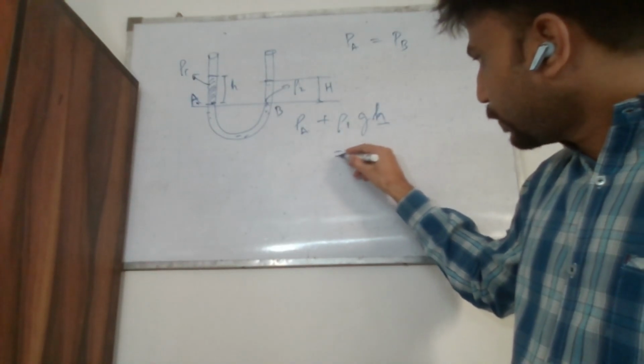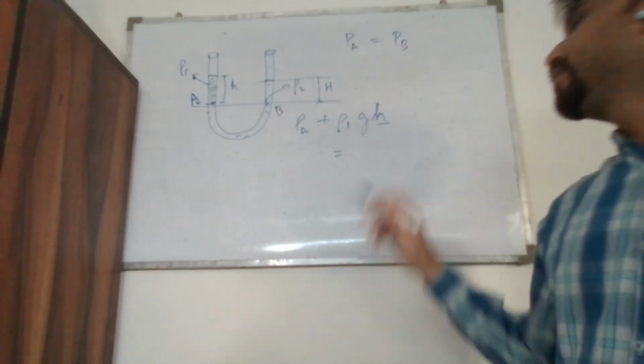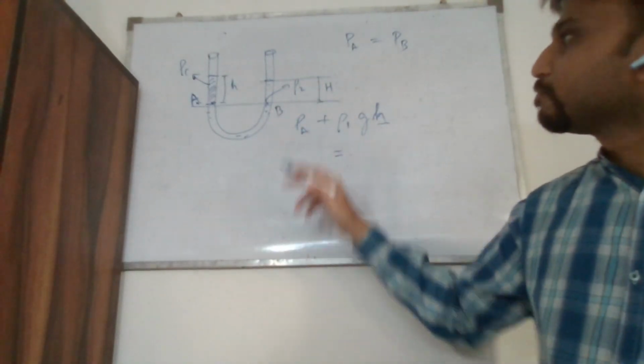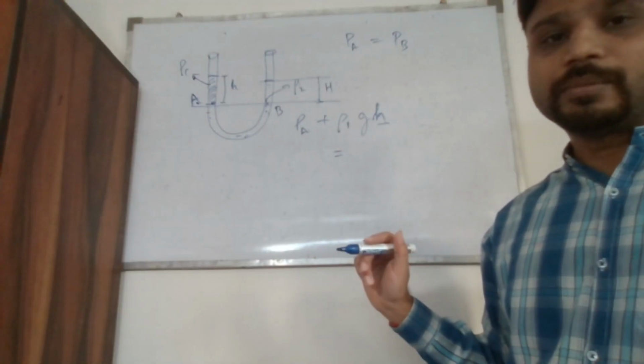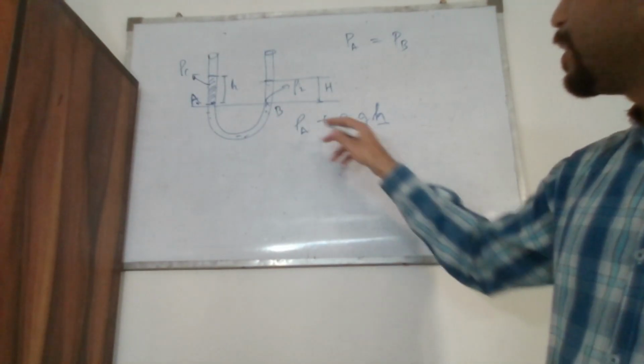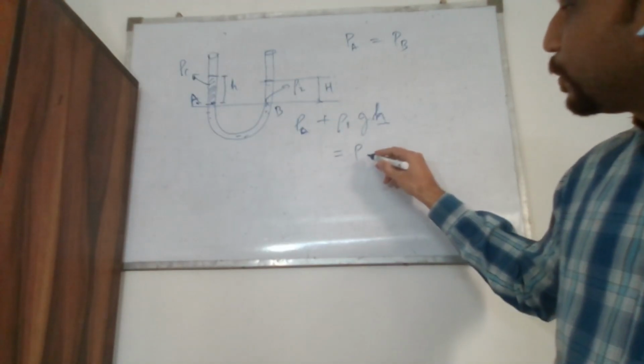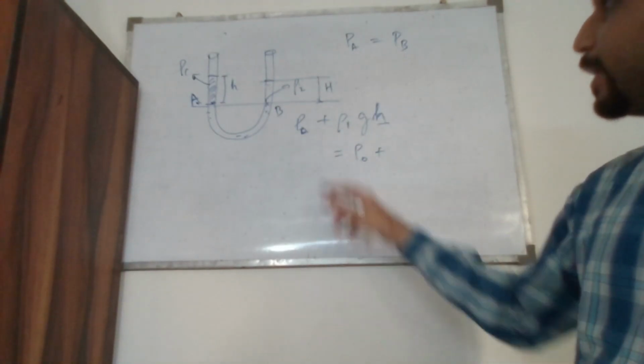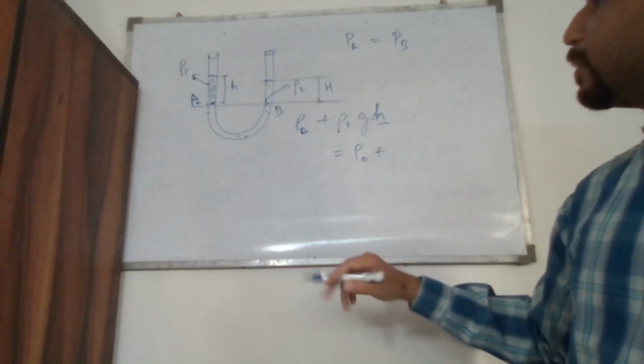Then this will be equal to pressure due to fluid number 2. So pressure due to fluid number 2 would be simply again atmospheric pressure, that is P naught. So here I have written PA, that is P naught only.